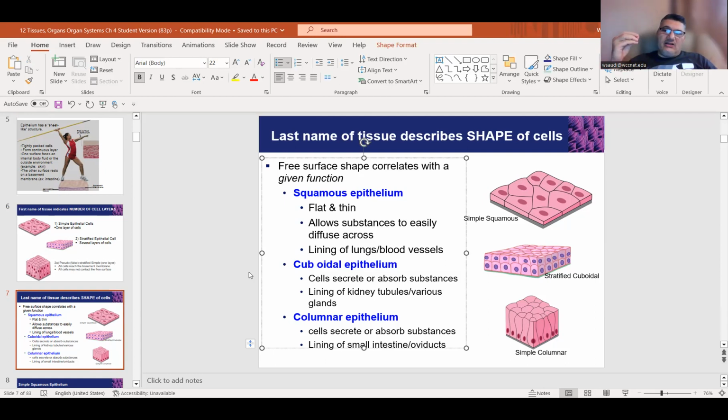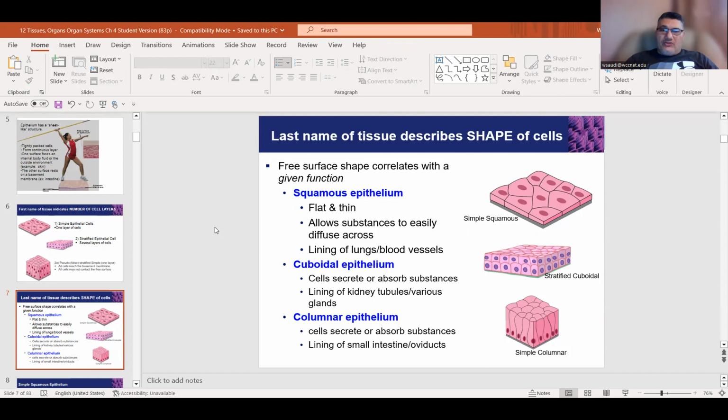Oid is a suffix in Greek that means similar to, O-I-D. If you see oid at the end of any word in medical terminology, it means similar to. So cuboid means similar to the cube. Last one is columnar, and columnar means tall, looks like a column, tall cells.